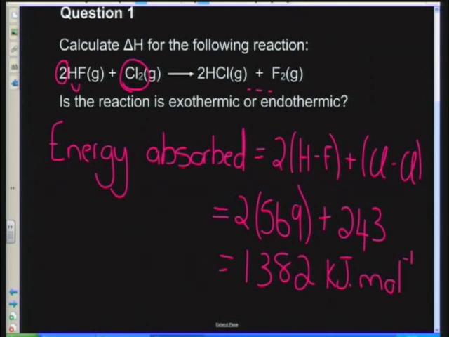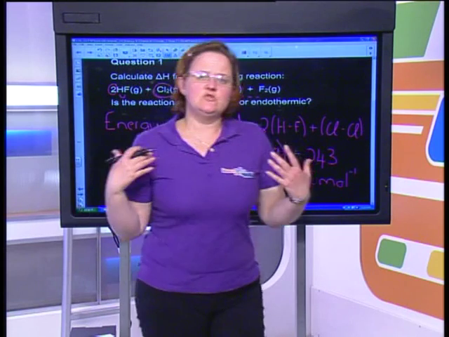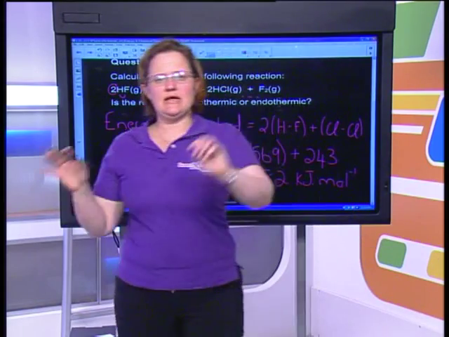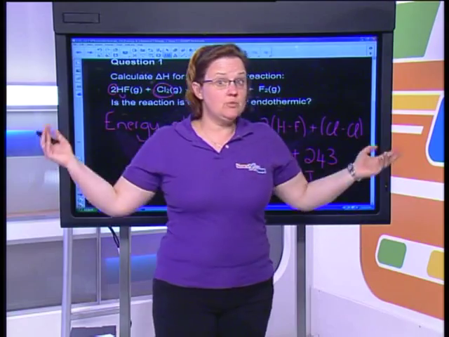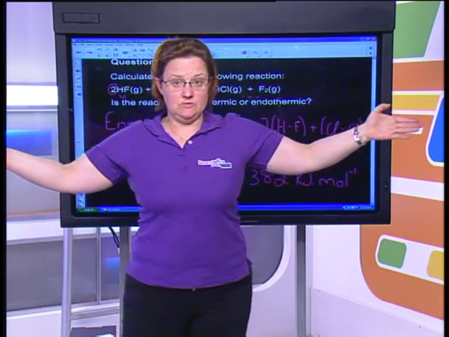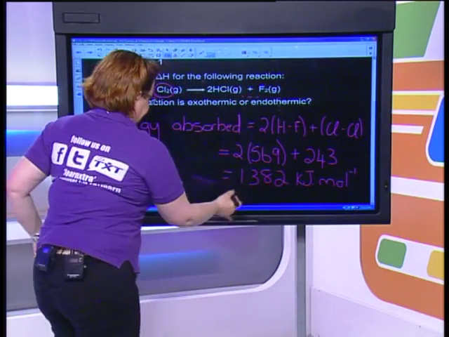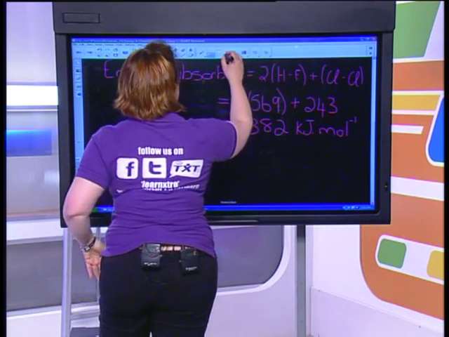So we're okay with that. That means that I need to put in 1,382 kilojoules of energy for every mole of reactant in order to break everything up into its atoms. Then the reaction proceeds.